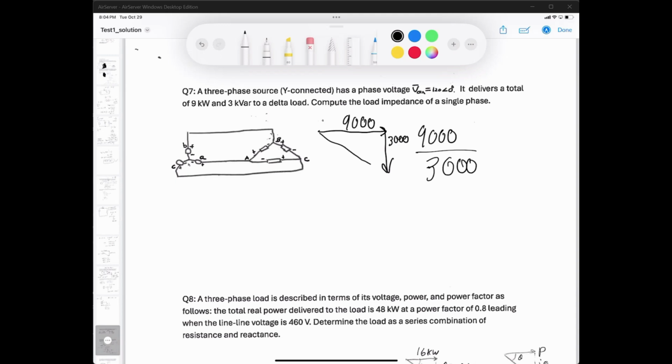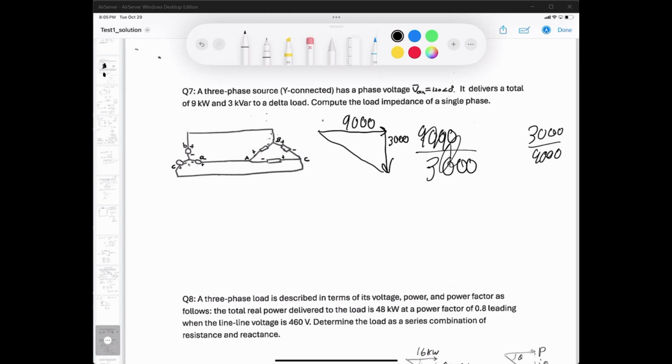We want this angle. Toa is opposite over adjacent, so 3,000 divided by 9,000.